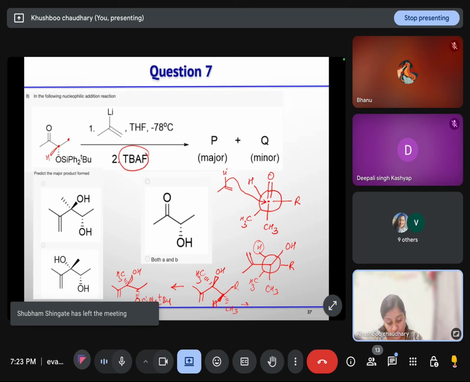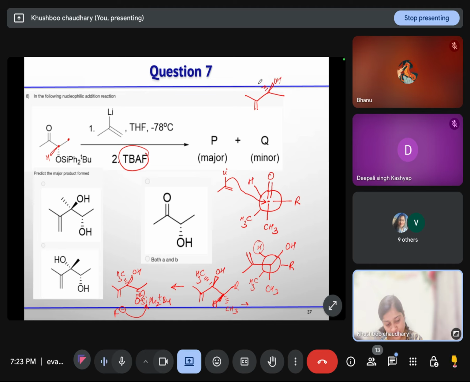TBAF is used for deprotection of the silyl group. So fluoride will attack the silicon and the oxygen-silicon bond will break in such a way that you get the negative charge at the oxygen center. After protonation or workup, it will form this OH. So this is the product you will get. This is option A.